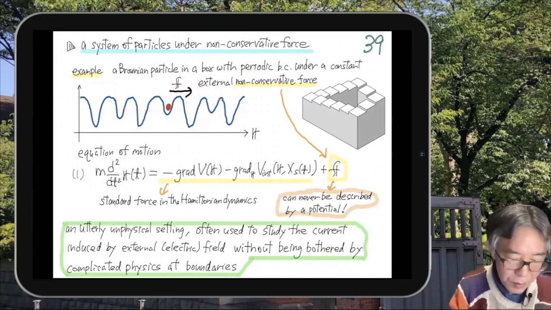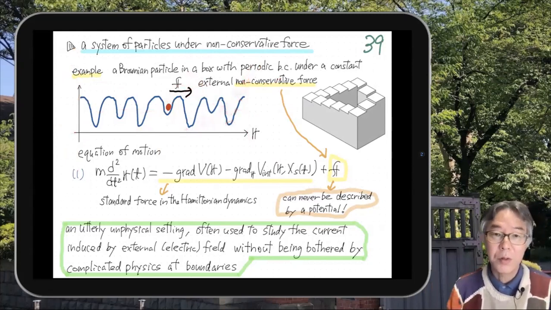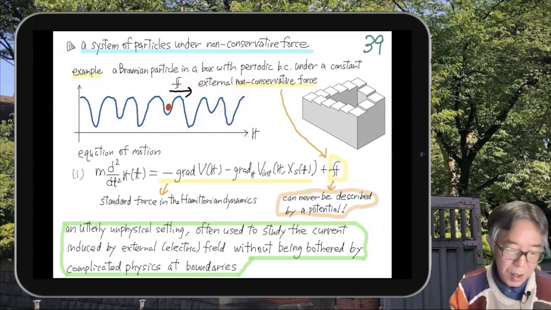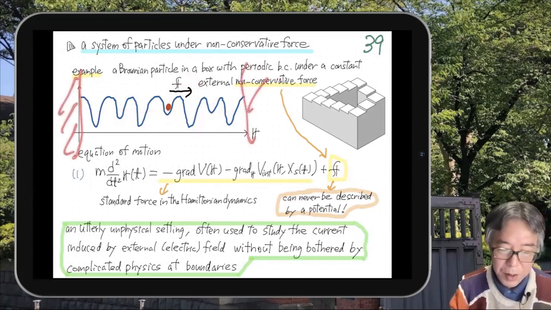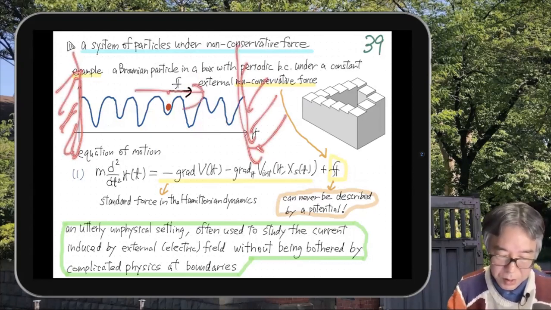Suppose that you don't have a particle bath, and simply the system ends here, and you apply a force. You get an equilibrium situation where you have many particles here and a small number of particles here. So in order to have a constant flow of particles, you must have particle baths at the two ends of the system, and then you apply an electric field.